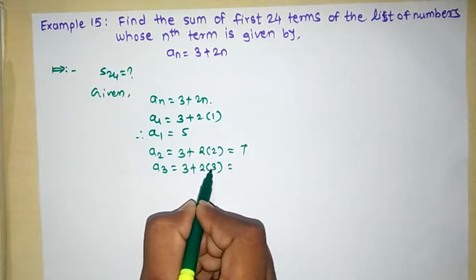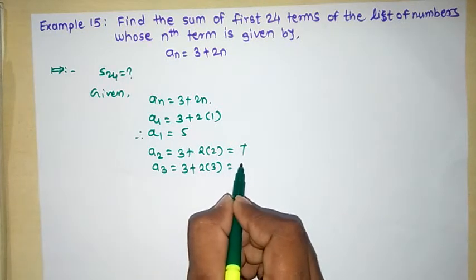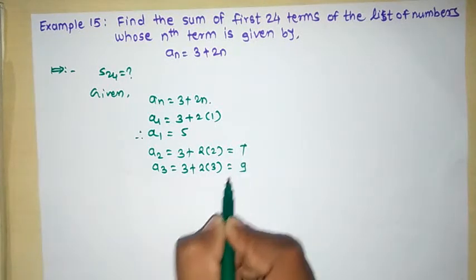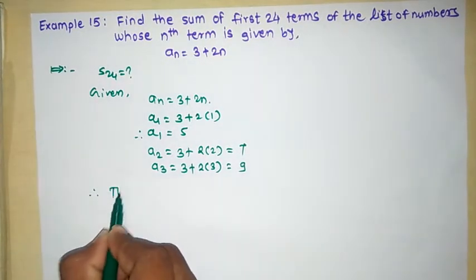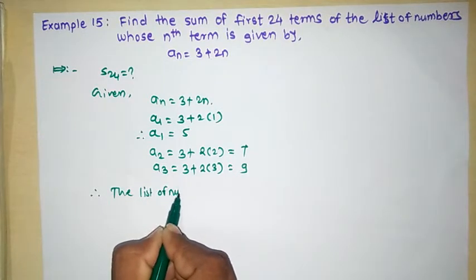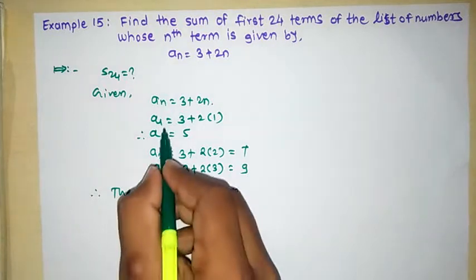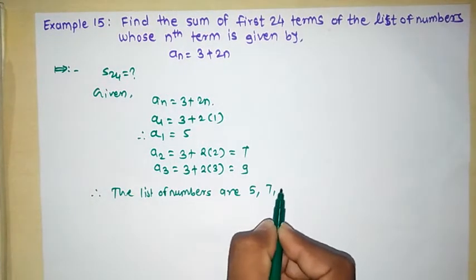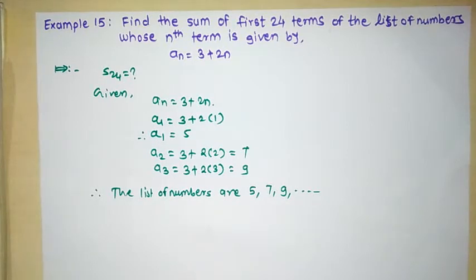Instead of n we have to write 3. 3 plus 6 is equal to 9. Therefore the list of numbers are 5, 7, 9 and so on up to infinity.